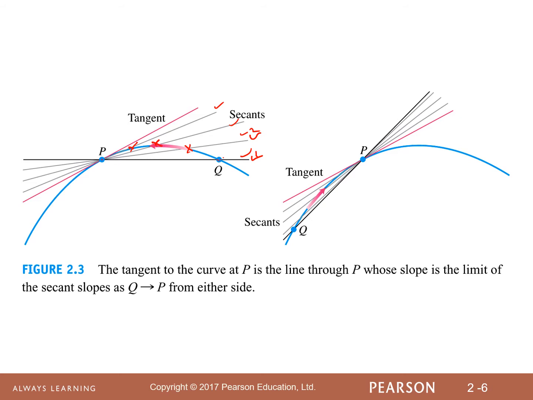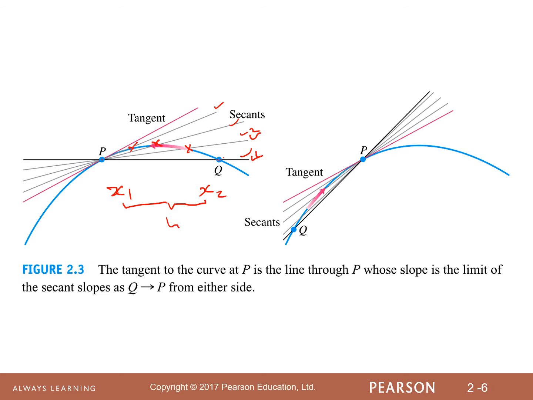Now, think of Q and P just like x2 and x1. So if this is x1, think of this as x2. When we talked about x1 and x2, we said the difference between them is h, right? So assume the difference between them is h.